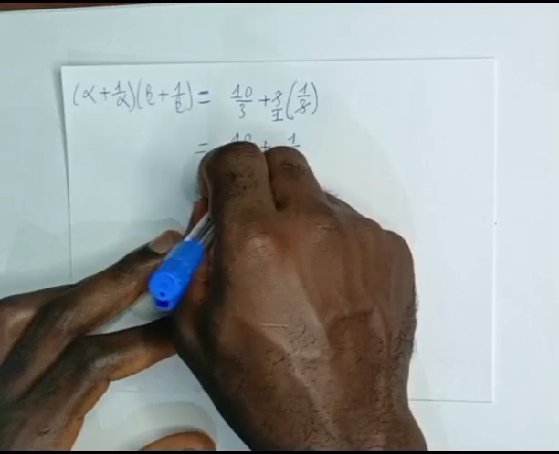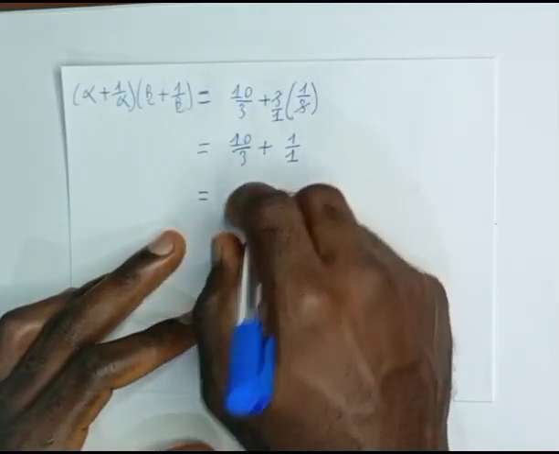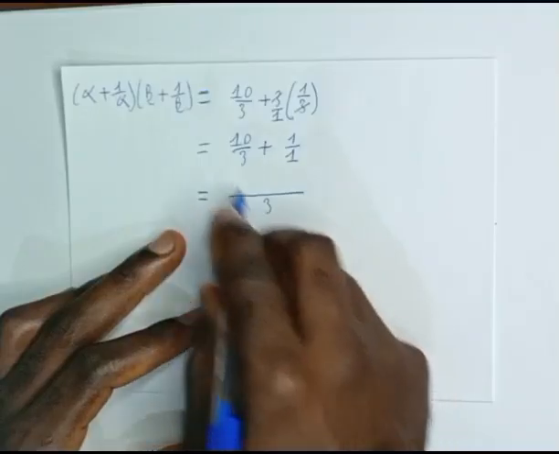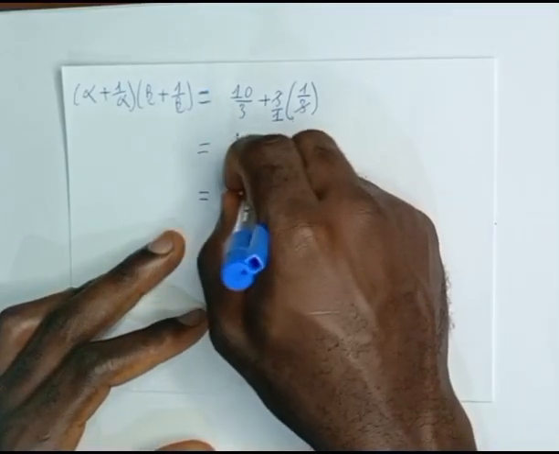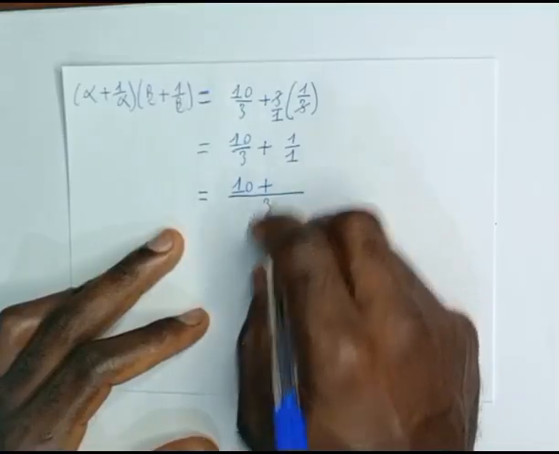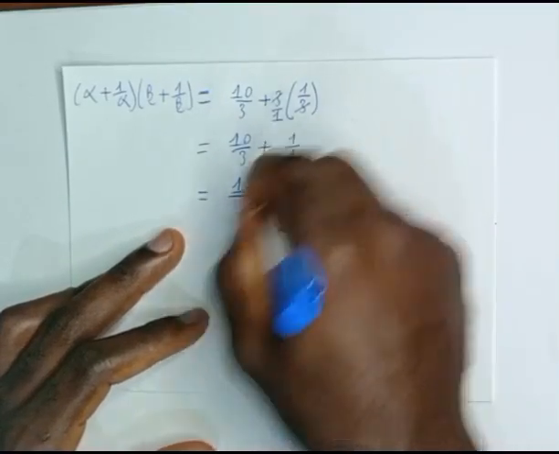This will simply be equal to the LCM of the denominators, which is 3. 3 divided by 3 gives us 1 times 10, 10, plus 3 divided by 1 gives us 3 times 1, 3.